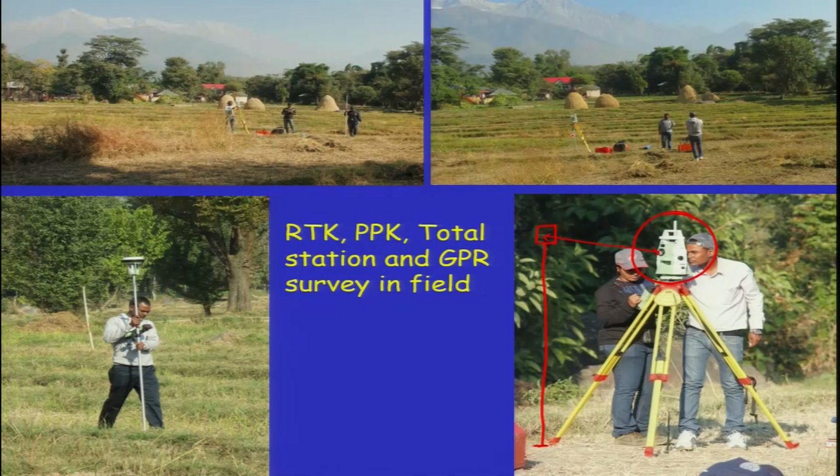This again is with the total station, and this is what we call either the real-time kinematic survey or post-processing kinematic survey using the total station and GPS. And further, I'll discuss this very quickly in coming slides, that we also use ground penetrating radar to identify the subsurface deformation.